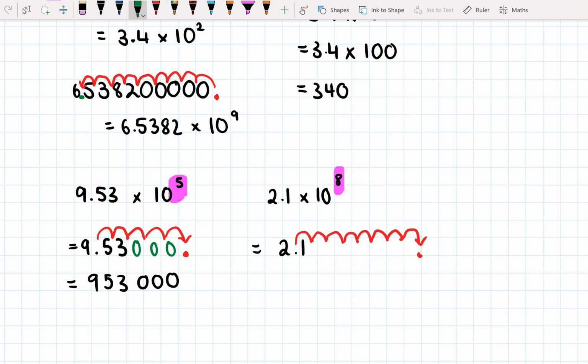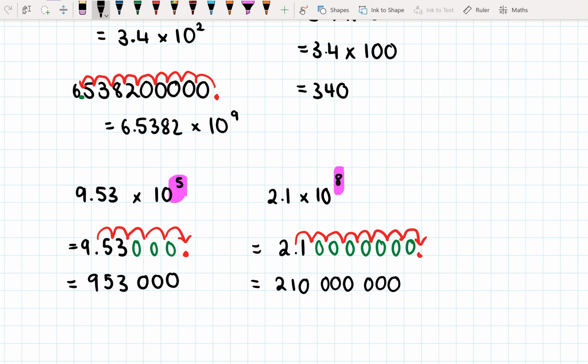And we fill in the gaps with zeros. So we've added 7 zeros in this case, which gives us 2. Remember that decimal we don't need to write anymore. 1, 0, 0, 0, 0, 0, 0, 0. Let's check that that's right. 1, 2, 3, 4, 5, 6, 7, 8, 9 digits. Yes, we've got 9 digits in total in both of them.